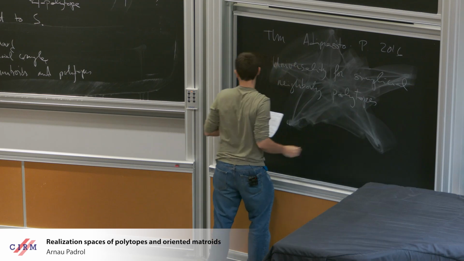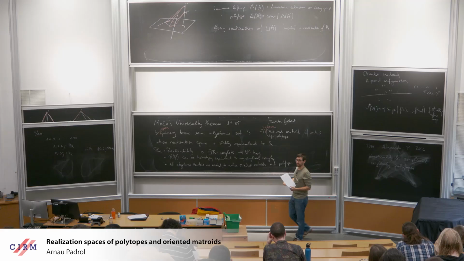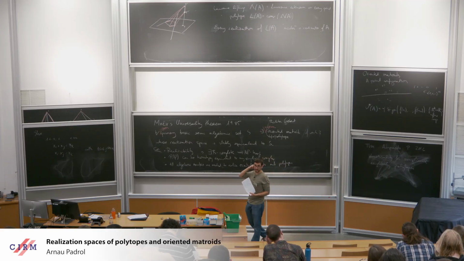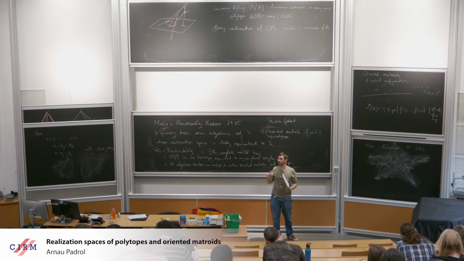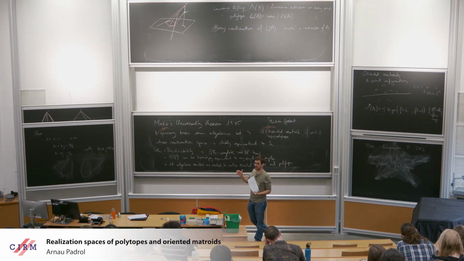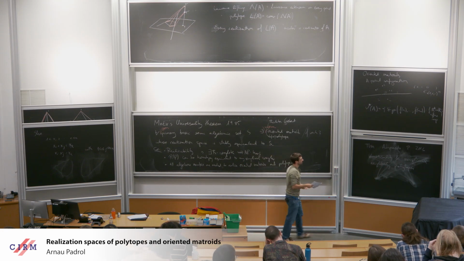The statement says, for every open primary basic semi-algebraic set, there is a simplicial neighborly polytope whose realization space is stably equivalent to that open semi-algebraic set.